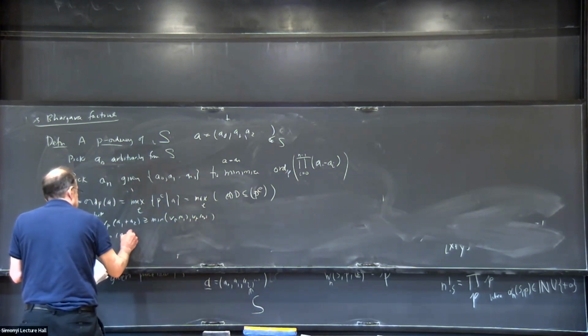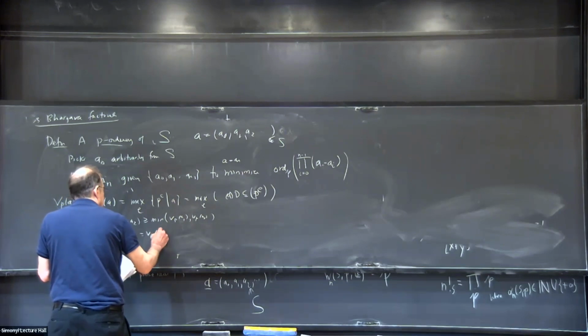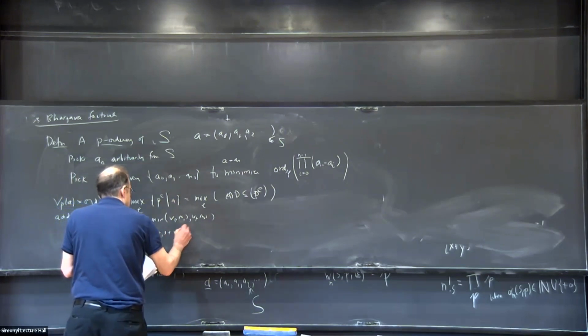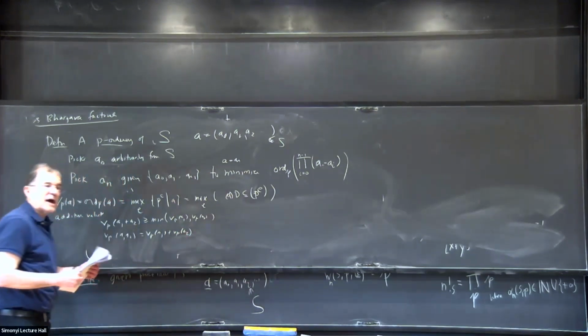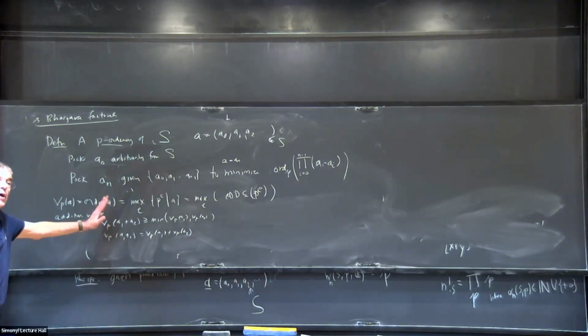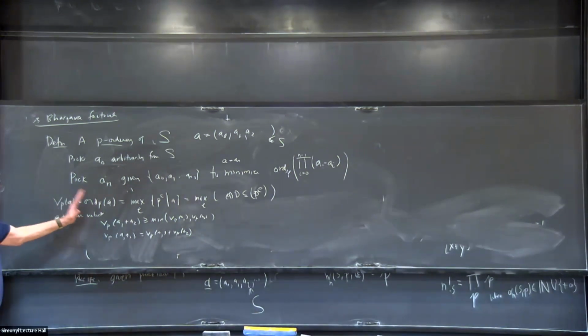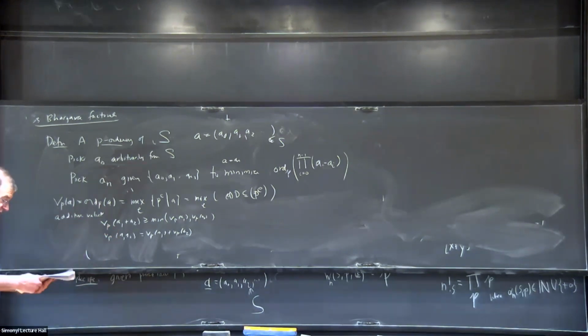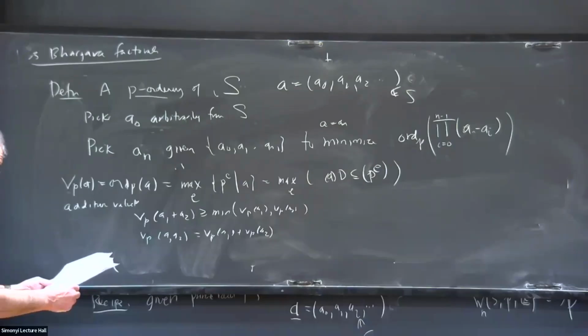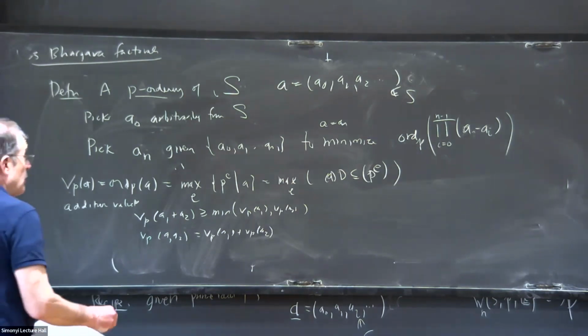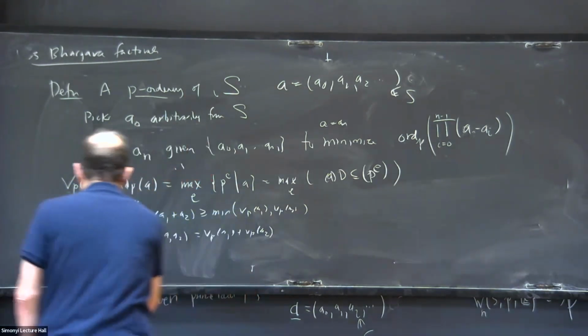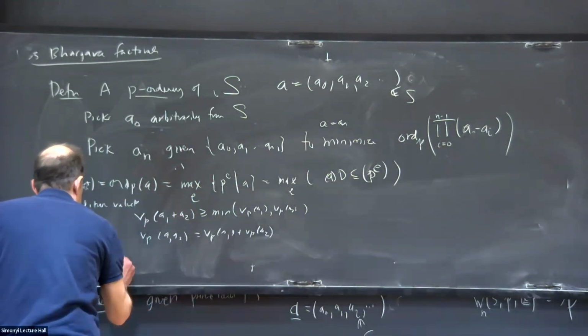VP of A1 A2 is equal to VP of A1 plus VP of A2. Okay, this is this Bhargava theory, prime ideal, additive valuation. And when we go to composite ideals, which is the point of the talk, then this stuff will change. Okay, and the main theorem.